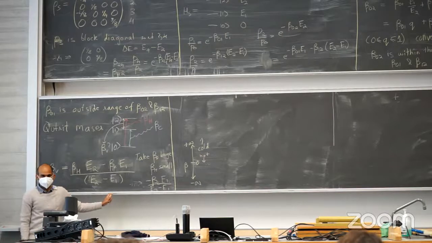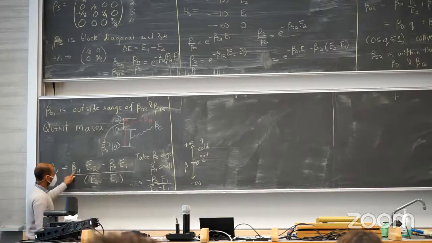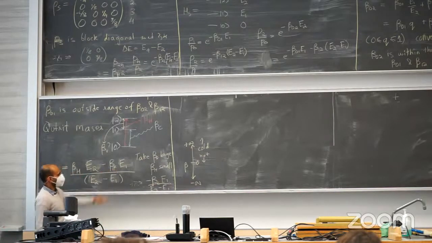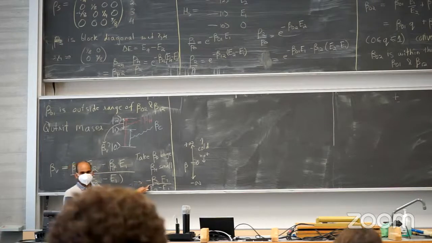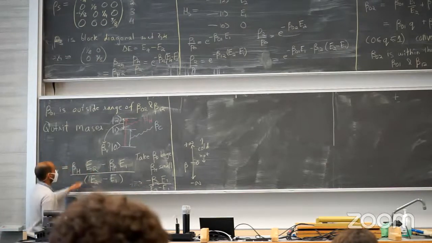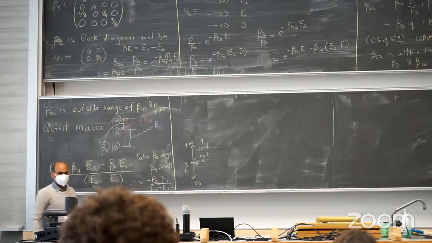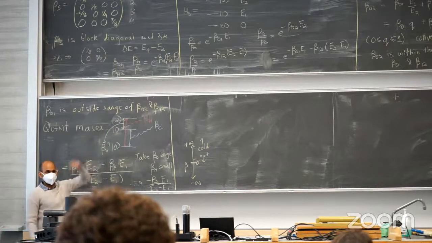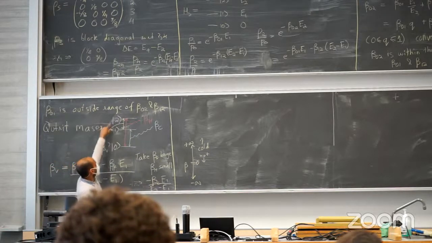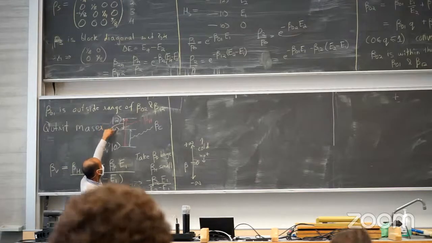So the important thing is by taking beta hot hot enough and beta cold cold enough, I can make this virtual temperature negative. And this means that this transition is now more in its excited state than in its ground state. Now, when I say its ground state, I mean, when I look only at this transition, 1 is ground and 2 is excited.